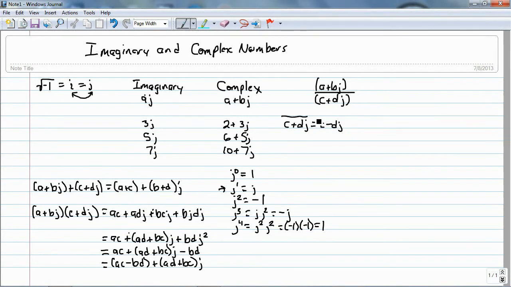So I'm just going to multiply by 1 in the form of C minus DJ on the bottom and C minus DJ on the top. This part here is just 1. And now I can multiply through. Well, we did something similar to this over here, but it's a little bit different.